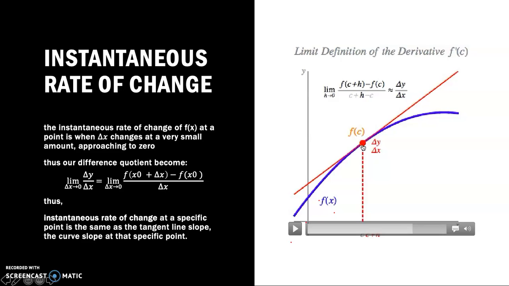The difference quotient now uses the limit concept because delta x is approaching 0. And the slope now measures the slope at this particular point. So we can say that it is a tangent slope, the slope of the curve at this specific point.